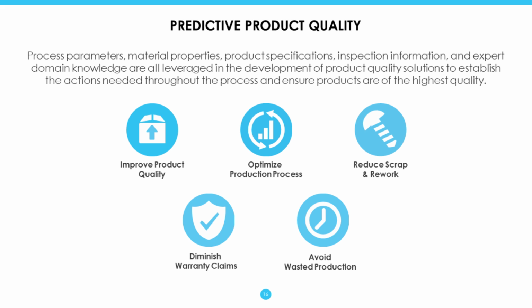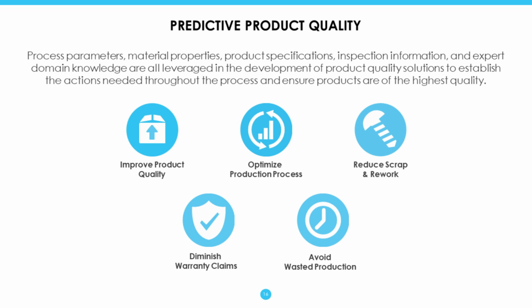So there's a lot that goes into this. Unlike predictive maintenance, where you're looking at key parameters of the machine and maybe some add-on sensors, predictive quality is more thorough and more involved. You need information from multiple sources. You need not just your machine process parameters, but you may need material properties of the actual part that you're machining.